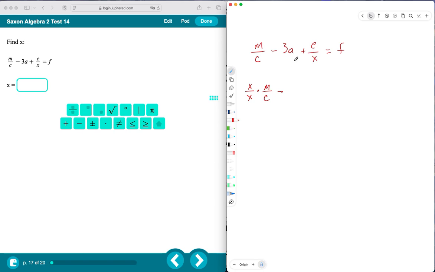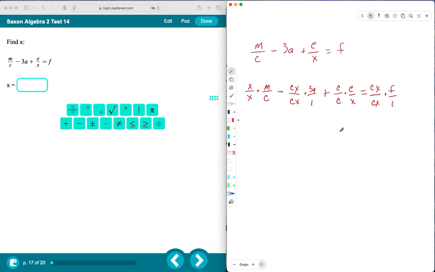This doesn't have either as a denominator, so we need to do cx over cx times 3a over 1 plus. This one has the x, so we just need to multiply by the c times e over x. And this one doesn't have either. So we'll multiply by both times f over 1.